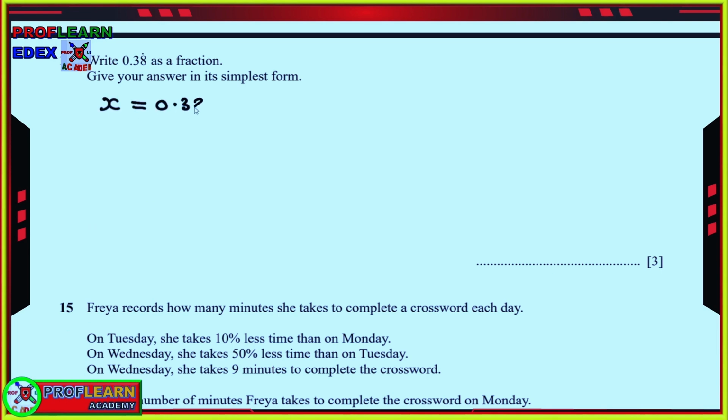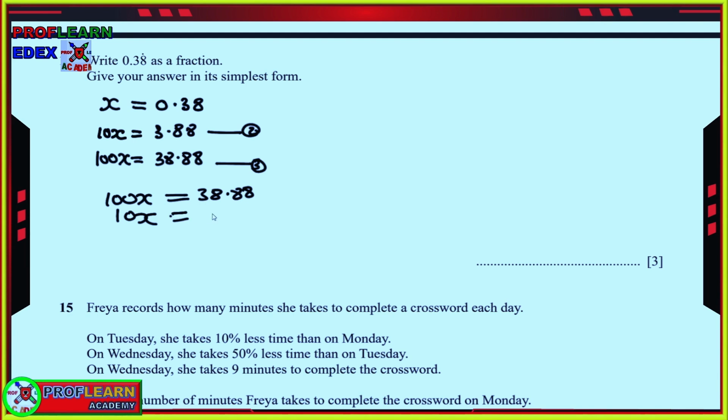We can say x is equal to 0.3888, 10x will be 3.888, 100x will be 38.88. Then you can see equation 2 and equation 3, if subtracted, we shall have 0 after the decimal place. So we are going to write this and then subtract equation 2, and that translates to 90x is equal to 35.